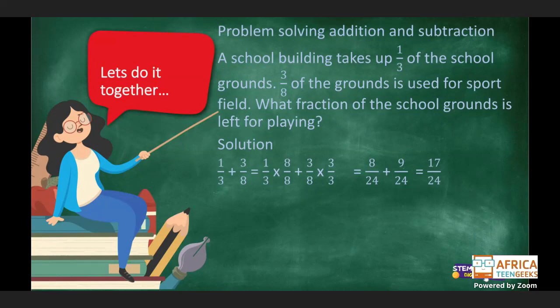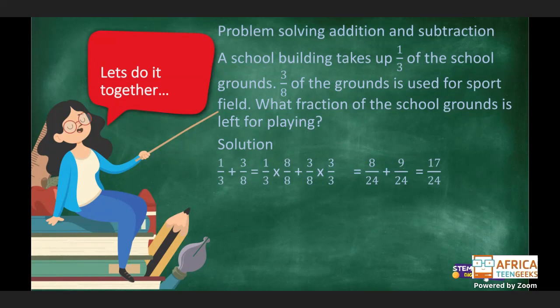We have only one school plot, we don't have four. So on that one plot, the building takes up 1/3 of the school grounds, and 3/8 of the school grounds is used for sports. So what will be the remaining fraction after that?